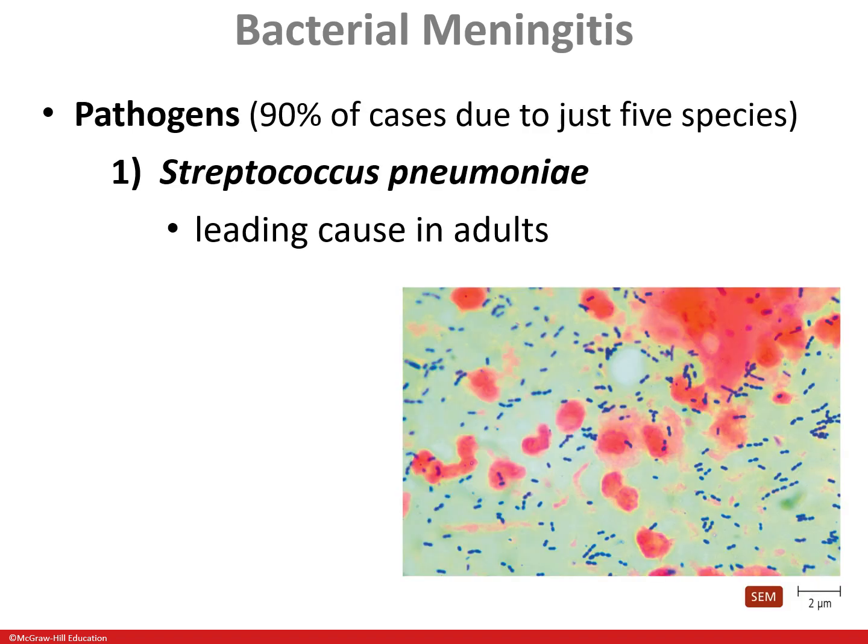Again, there are numerous species that can cause bacterial meningitis. We're going to focus on the ones that cause more than 90% of the cases, these top five bacterial species. Streptococcus pneumoniae, obviously named for what it does in the respiratory system, and we'll see that again later in the semester. But it can also cause meningitis if it gets into the nervous system. This is the leading cause in adults.